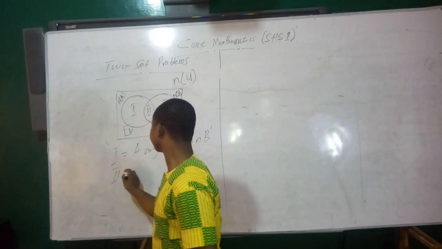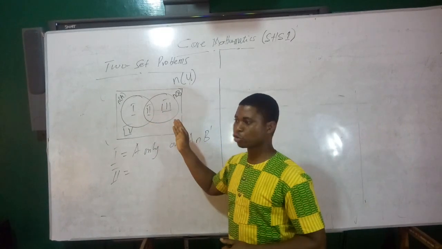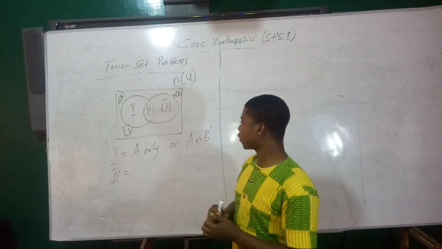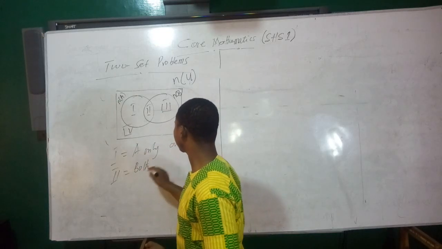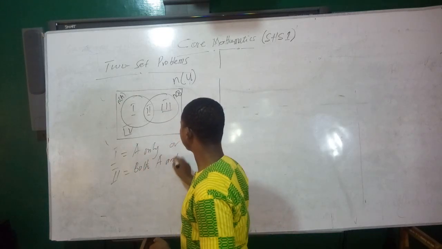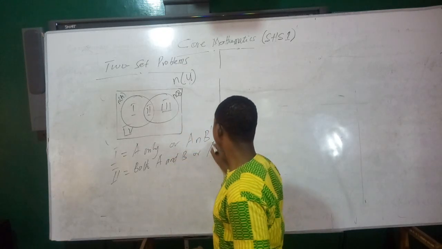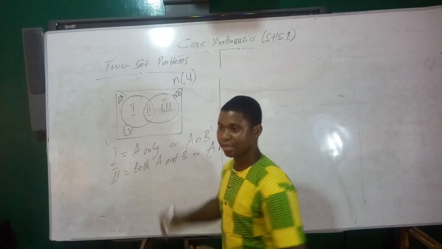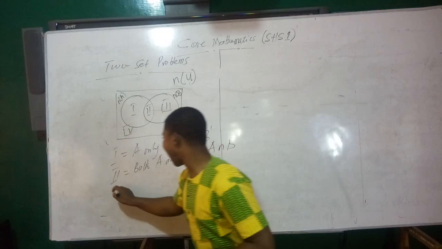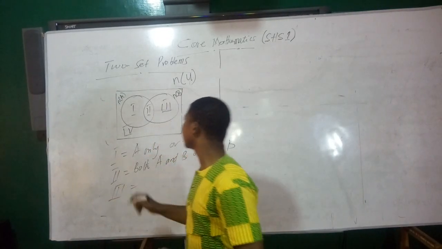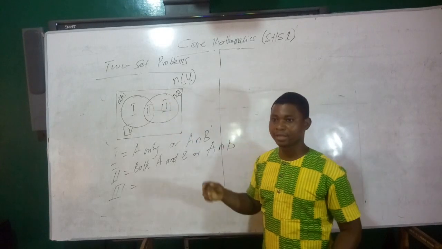When you look at II, it can be found in both A and B. So that one becomes the intersection. So we can say that II is both A and B, or A intersection B. Now III, as I said, belongs to B only.